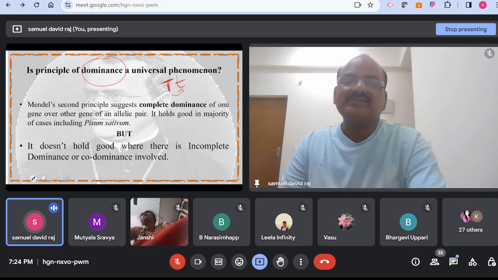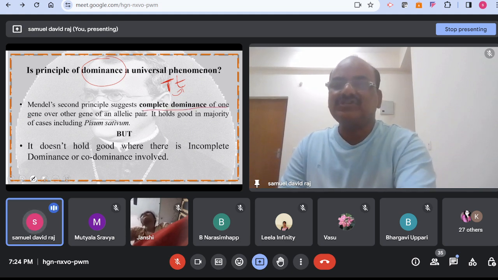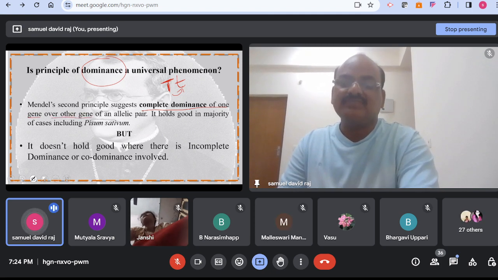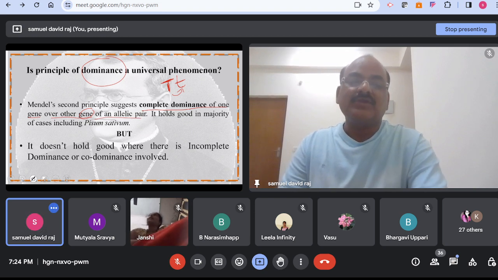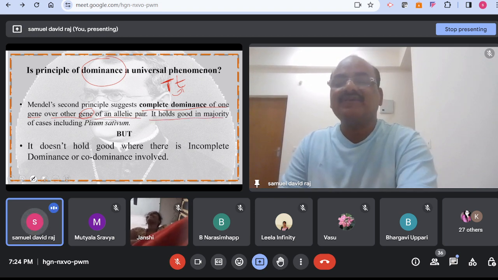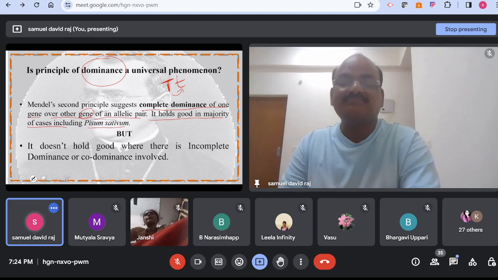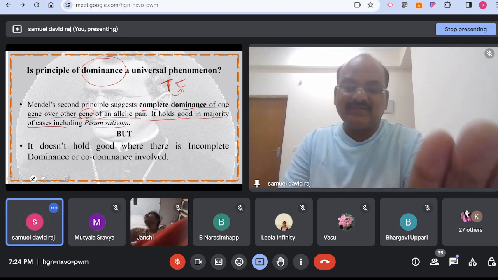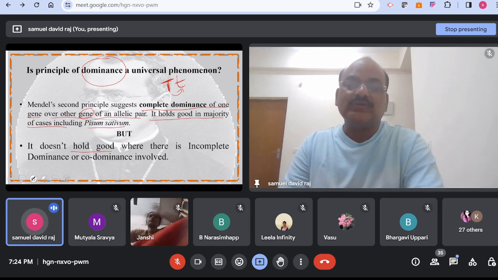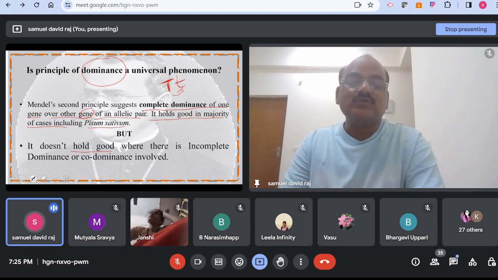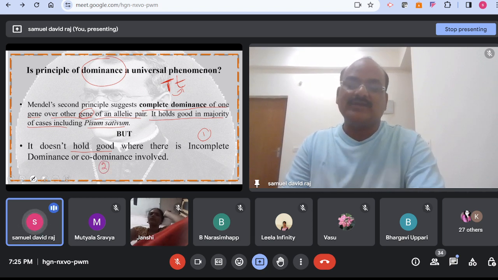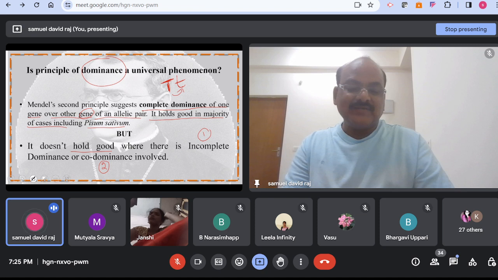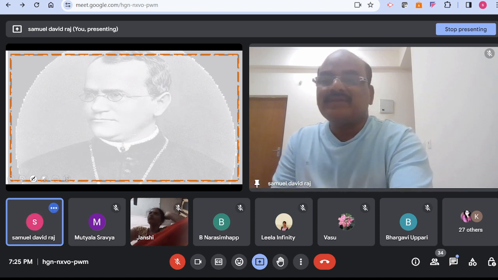Mendel's second principle suggests complete dominance of one gene over the other gene, which we can also refer to as a factor of an allelic pair. It holds good in the majority of cases, including Pisum sativum, but it does not hold good where there are two phenomena. One is called incomplete dominance, the other is called codominance. Let us see what these are.